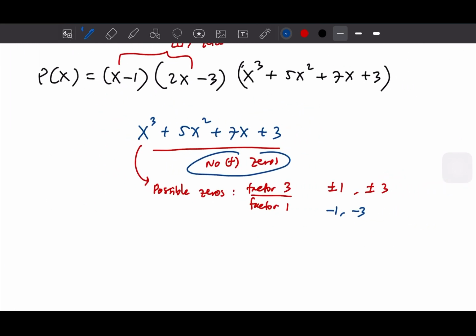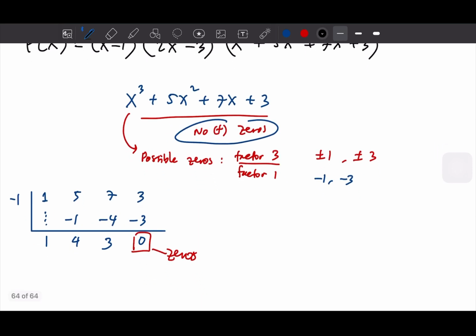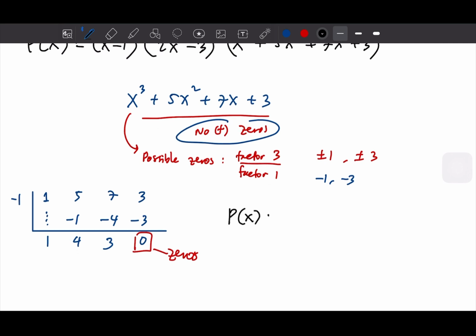So let's do that. So we could have 1, 5, 7, 3. Let's say we try negative 1. So 1, 4, 3, and we are now getting our zeros. So this is zeros. So our p of x, the big equation that we are going to have, is x plus 1 and then x squared plus 4x plus 3.